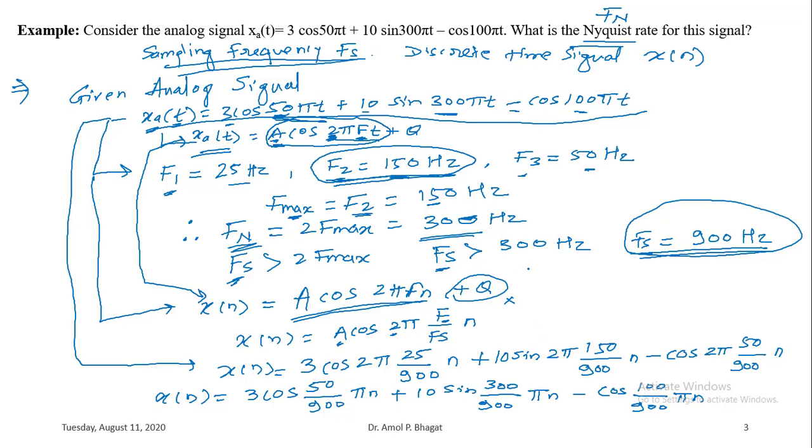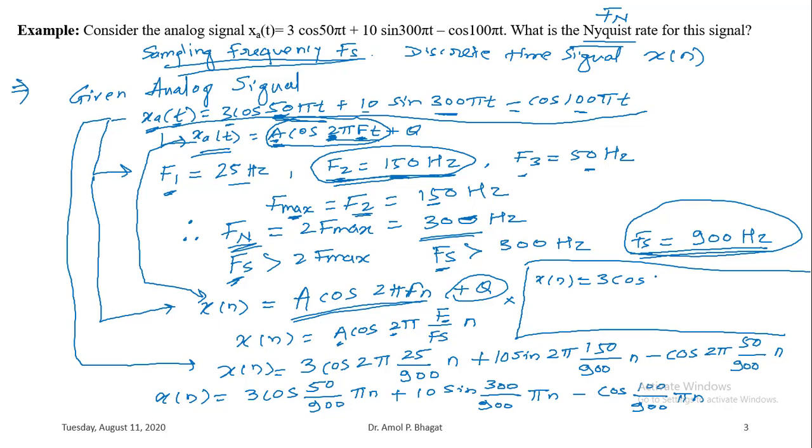Okay, so that means that I will write down the final equation. So this x of n, that is 3 cos 50 divided by 900 can be replaced with 0.05, right?